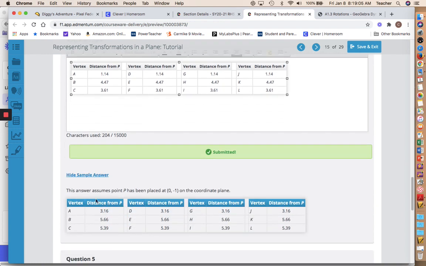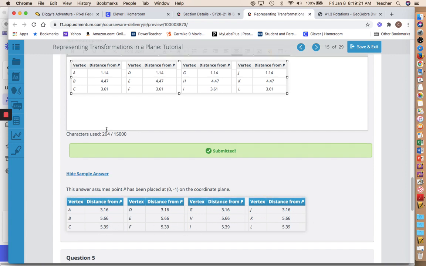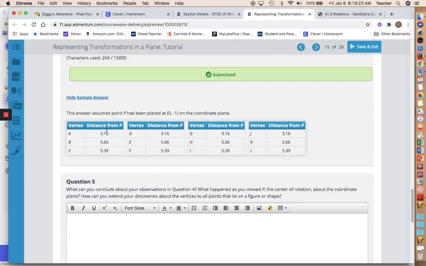All right, so here we go, sample answer. They put their P at (0, -1), and I put mine at (1, 0), so their answers are different than mine, but you can see all that top row are the same, the middle row are the same, and the bottom row are the same. So depending on where you put your P.